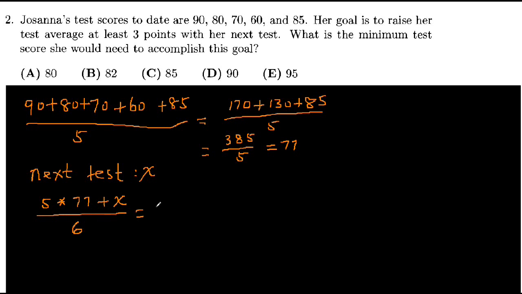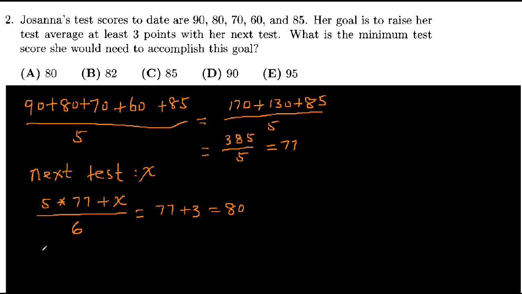She wished to get 77, which she had before, and with 3 points more, that is 80. Right, so that's the equation we need to solve.